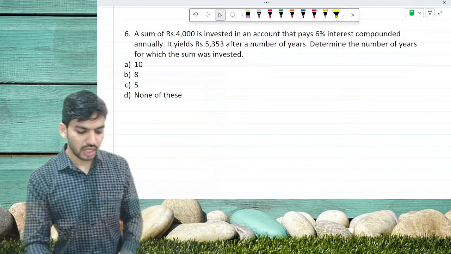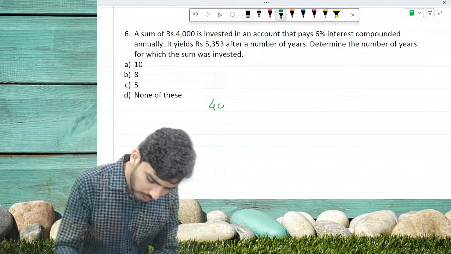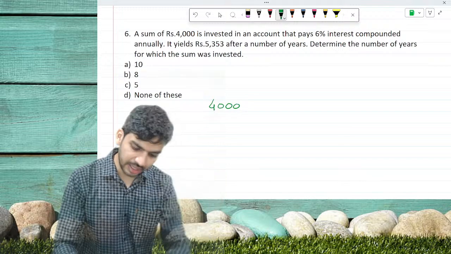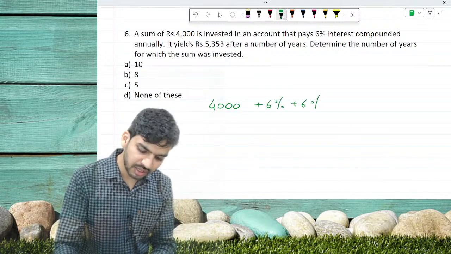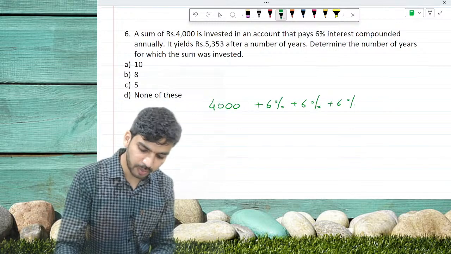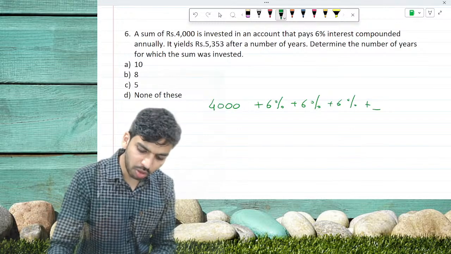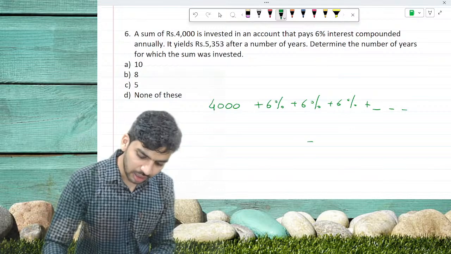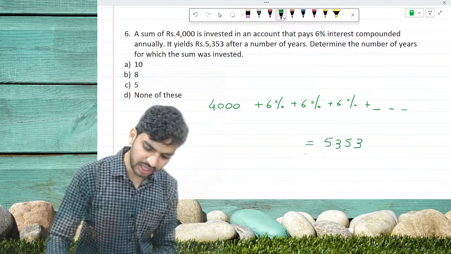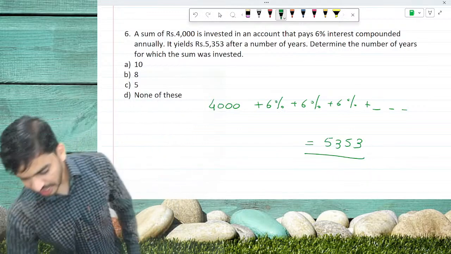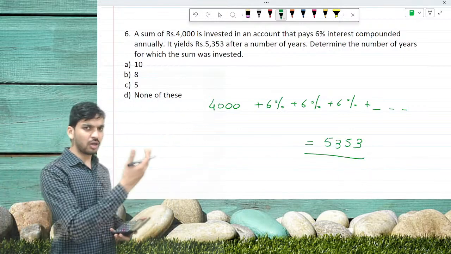What you need to do is, you need to do 4,000 on your calculators directly, plus 6%, plus 6%, plus 6%, and keep on counting how many times you are doing it, and you should get the answer as 5353. That's it. We can go with the options.